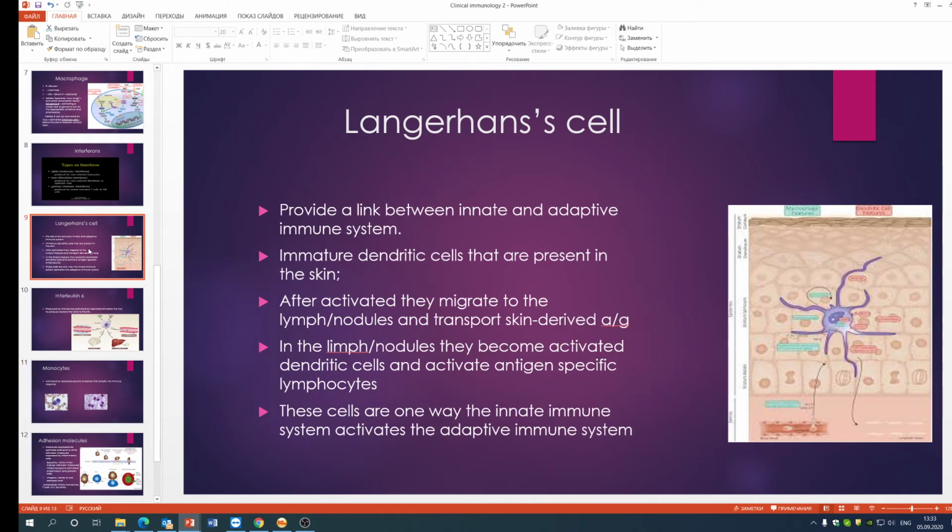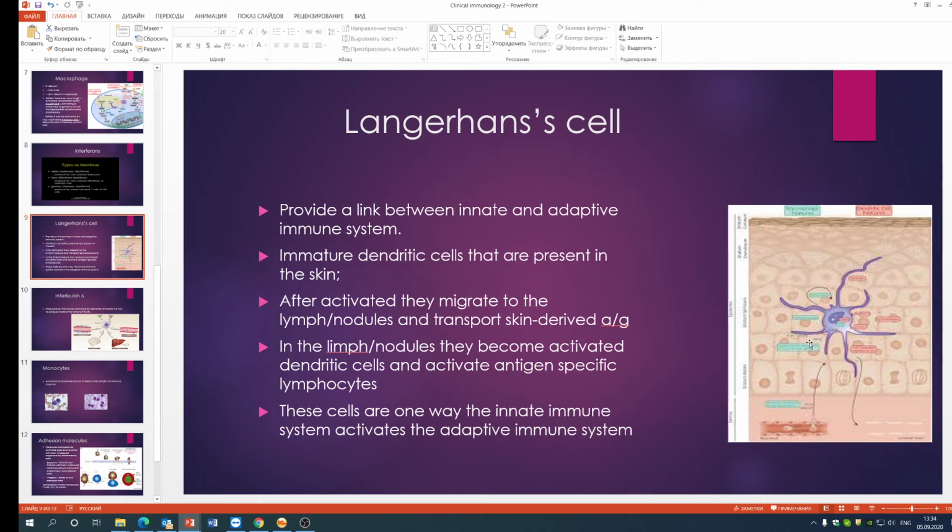Langerhans cells provide a link between the innate immune system and the adaptive immune system. Immature dendritic cells are present in the skin. After activation, they migrate to lymph nodes and transport skin-derived antigen.